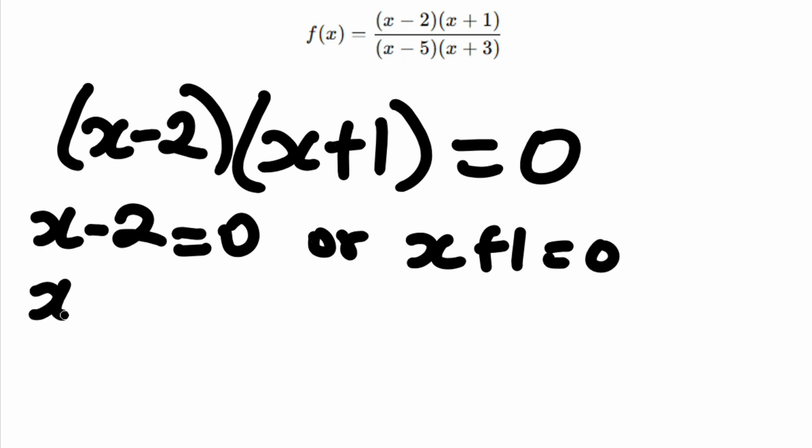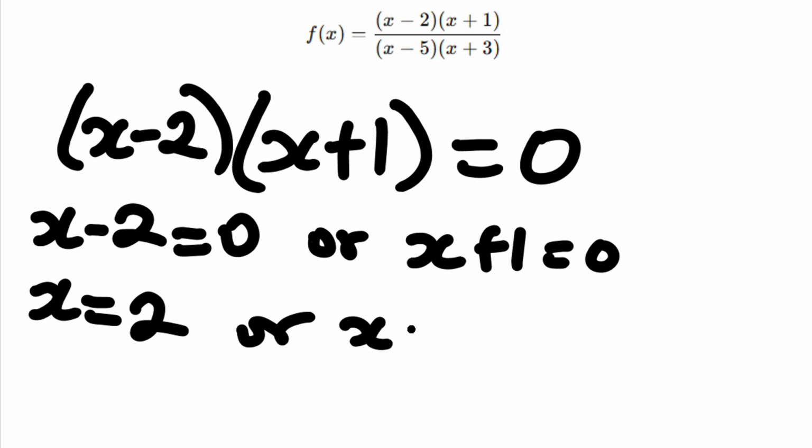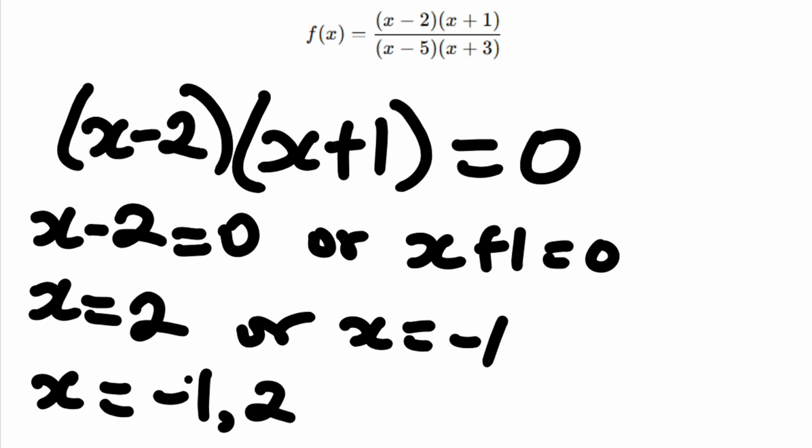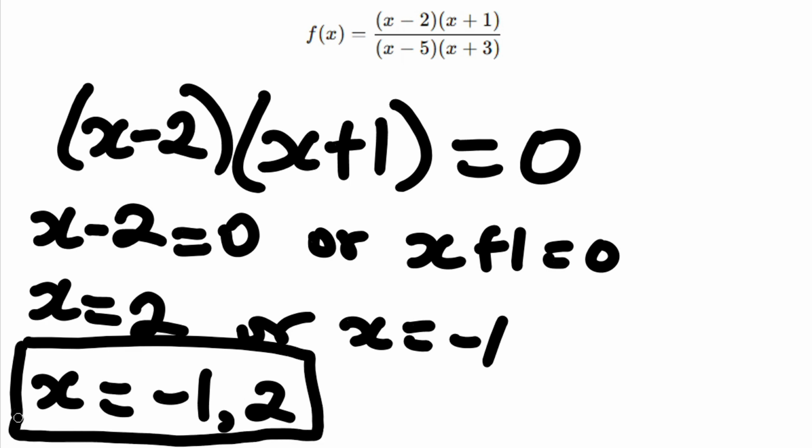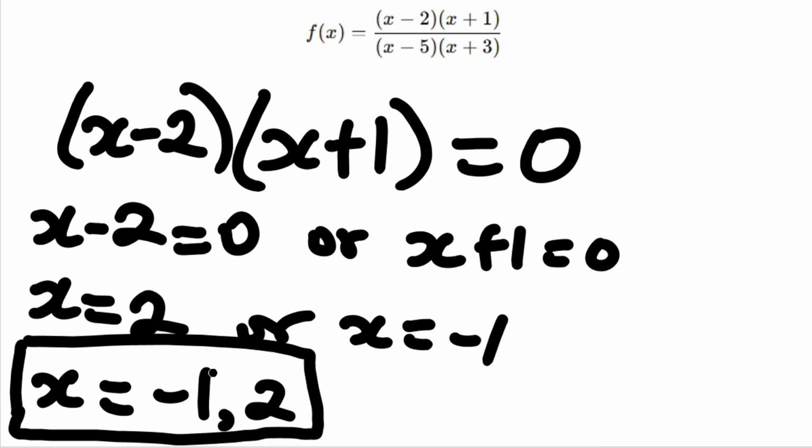You solve for it. You have x is equal to 2 or x is equal to negative 1. So the answer is x equals negative 1, 2. These are the zeros of the function.